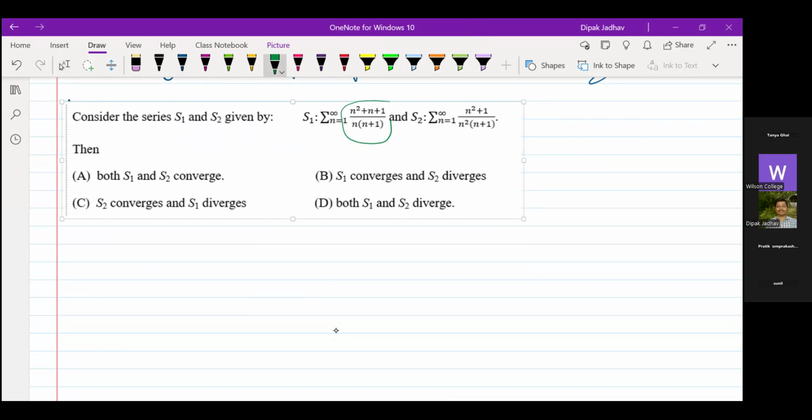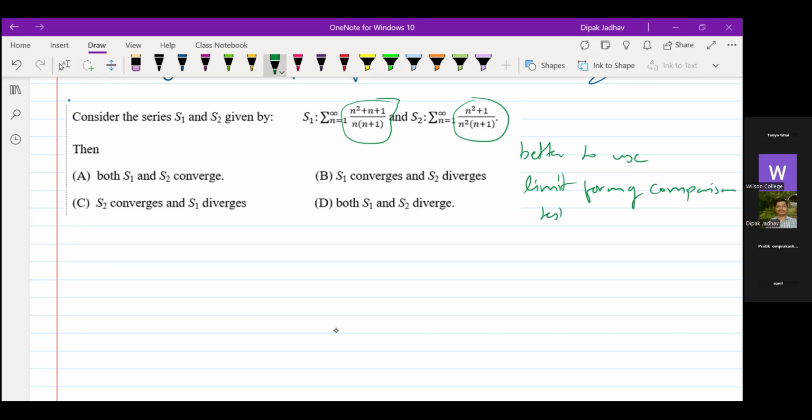Whenever you have some polynomial expressions like this, some polynomial in the numerator and some polynomial in the denominator, it's always better to use the limit form of comparison test. So this series, summation n square plus n plus 1 on n into n plus 1, you will like to compare it with, choose the highest power of n from the numerator, that's n square.